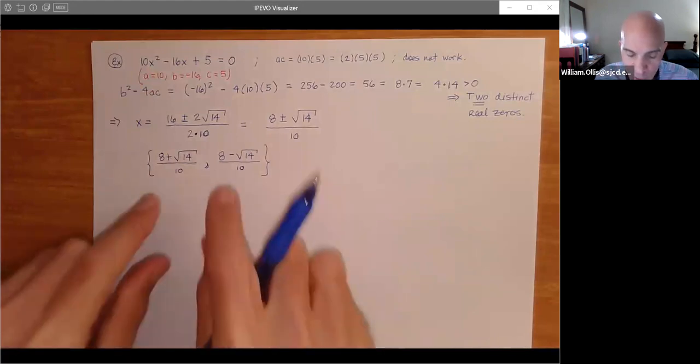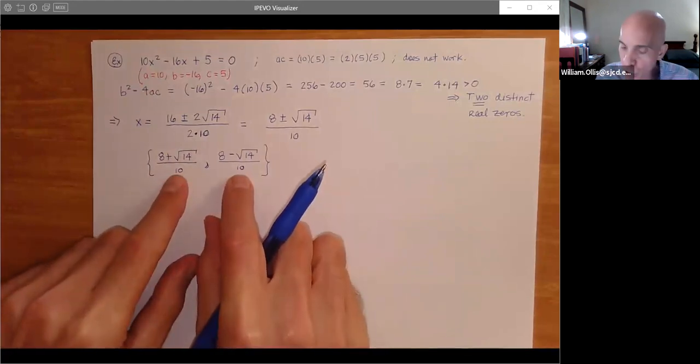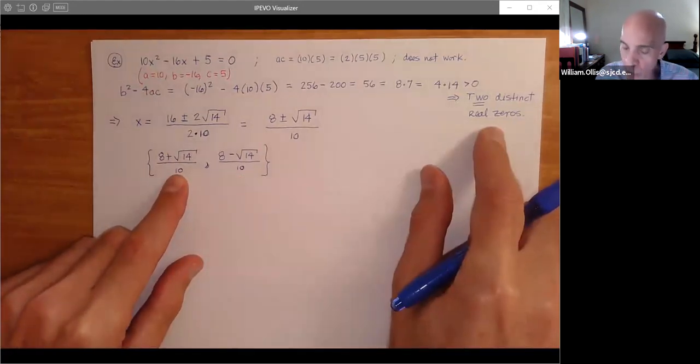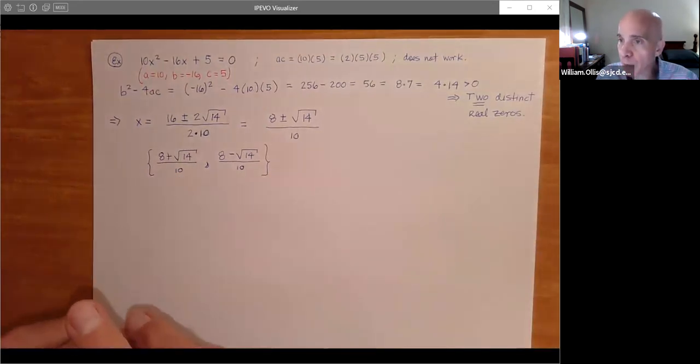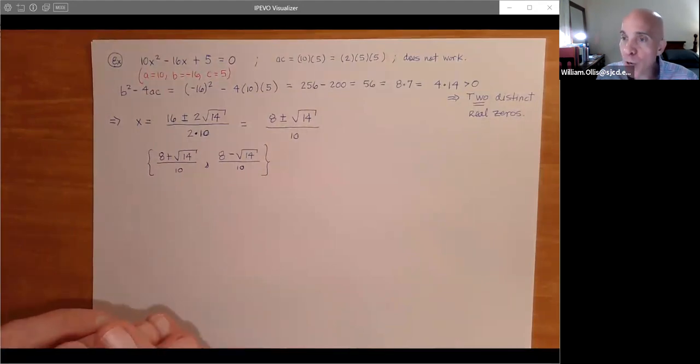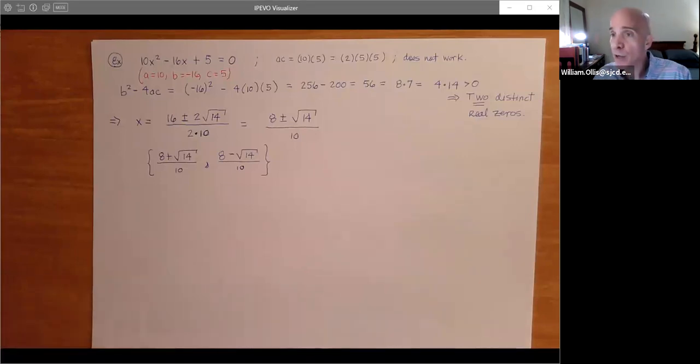But right now we see that these are the two solutions, the two real zeros that we get by using the quadratic formula. And again, like I said before, quadratic equations are our friend. We know how to solve them. When we see something in quadratic form or a quadratic equation, we breathe a sigh of relief, because that's something that we thoroughly understand.